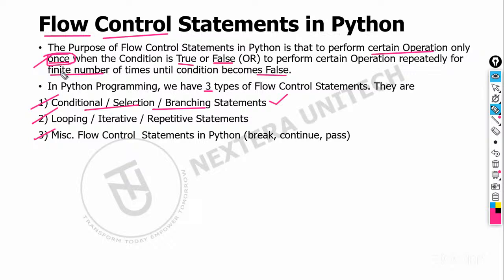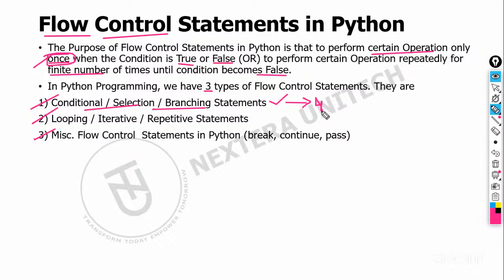Right? So what are the different conditional statements that we have in Python? I want everyone to respond. What are the different conditional statements we have discussed so far? In Python, there are in total four conditional statements. What are they?